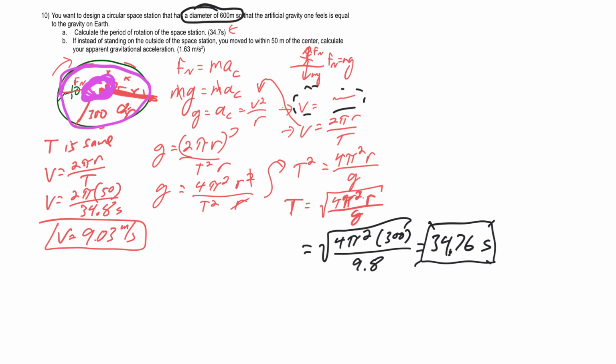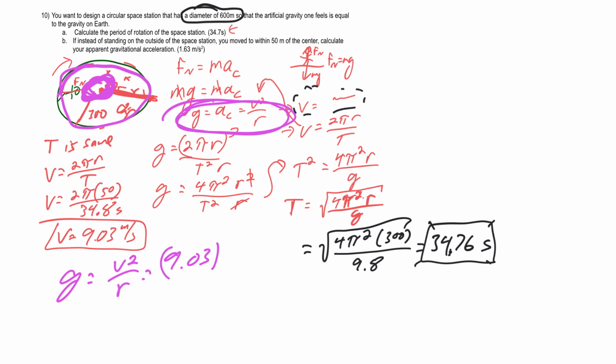Shorter distance in the same time means you must be going slower. To find what little g is going to be, we'll use the derivation we had earlier, where g is equal to v squared over r. That's the new r here, so 9.03, the new v, and the new r of 50.